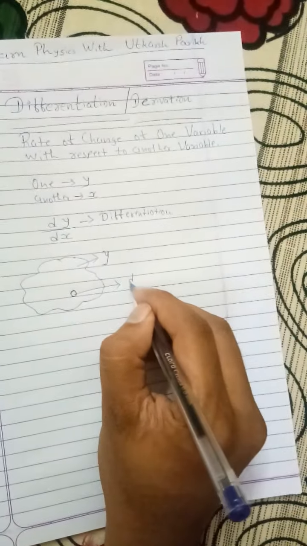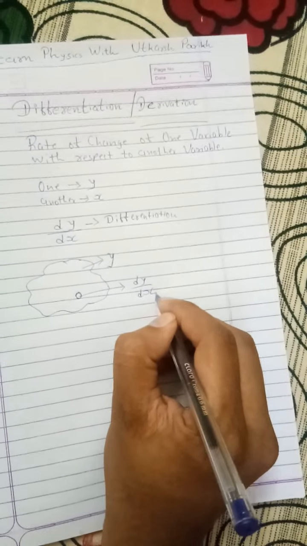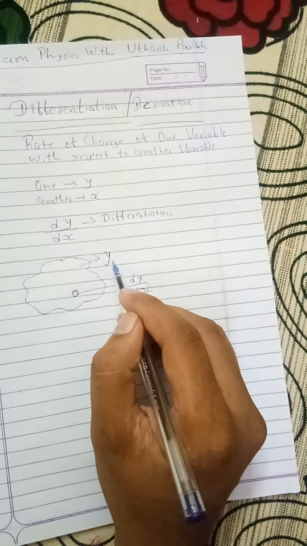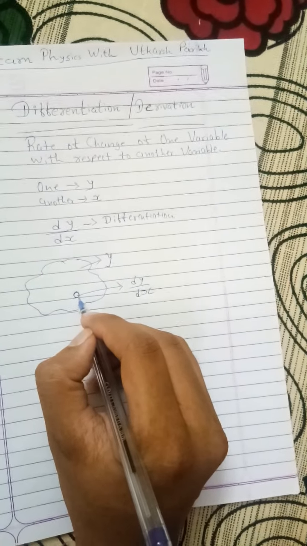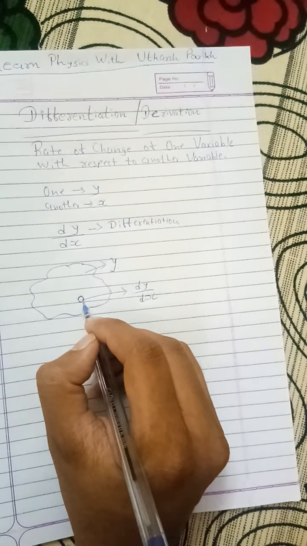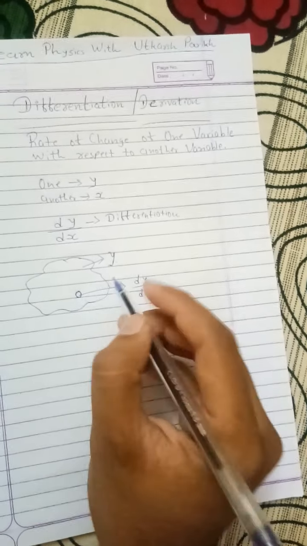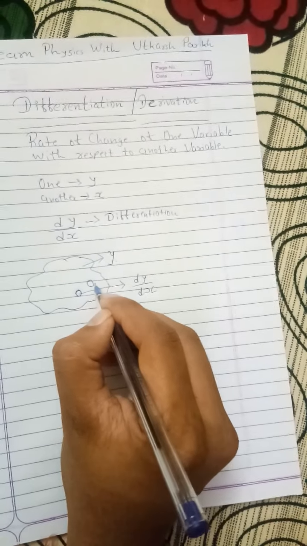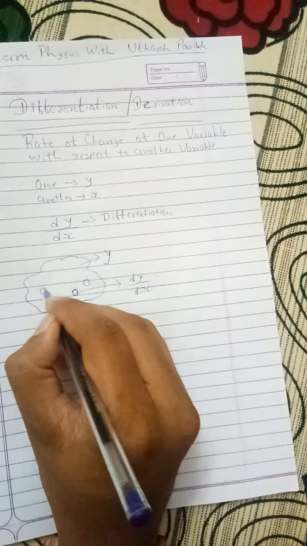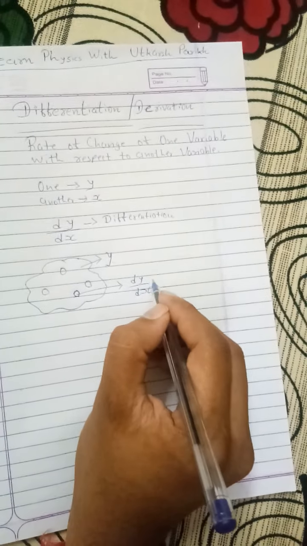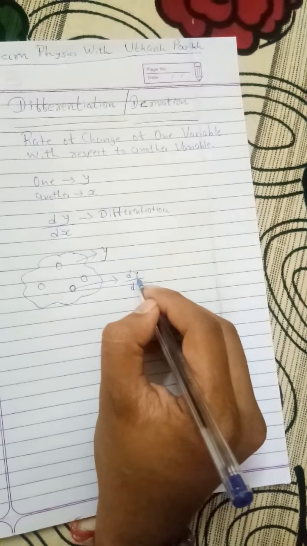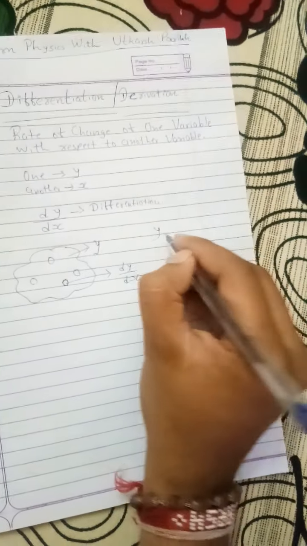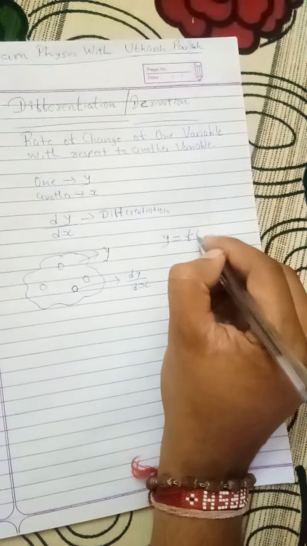So by using this formula, we get the information about this particular part. Likewise, I can also find the value of this part, this part, this part by using the formula dy by dx. So y is nothing but f of x.